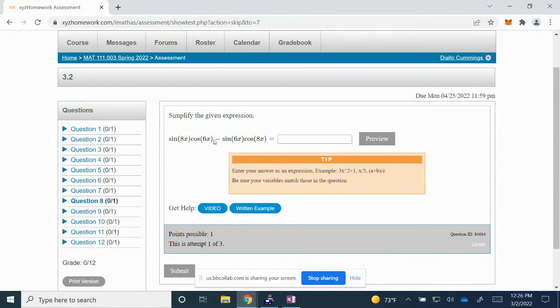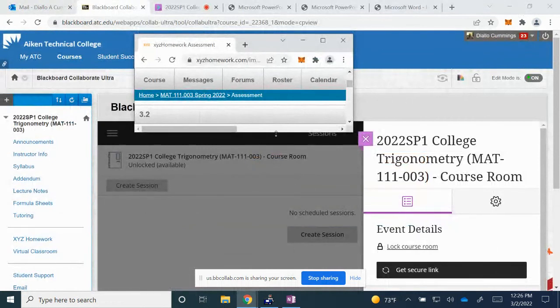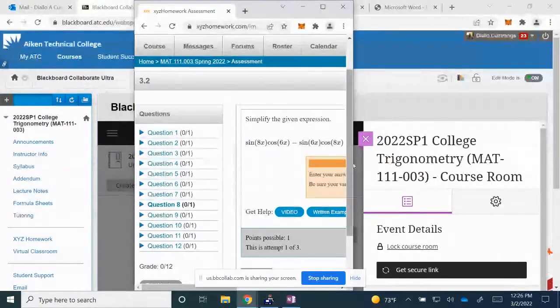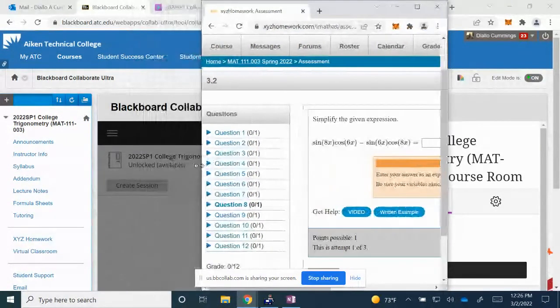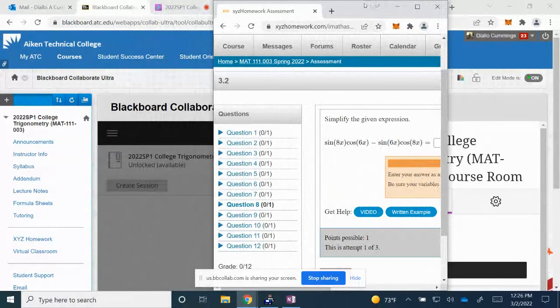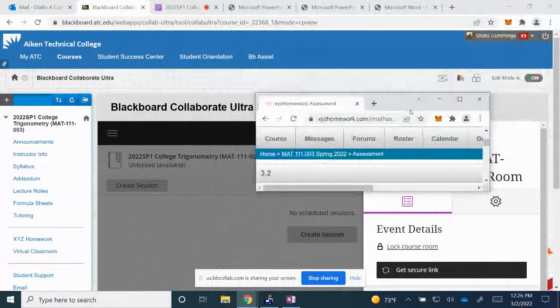So in order to simplify this problem, I'm going to try to bring up both two screens here. Oh, no, don't do it to me.